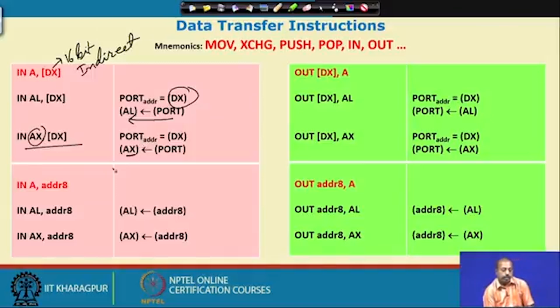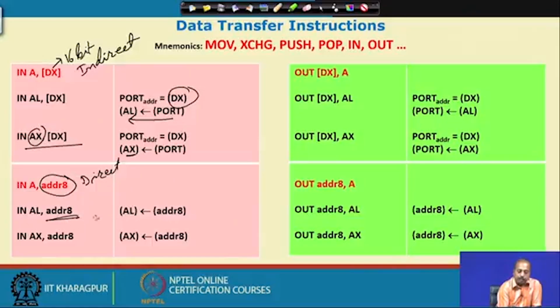Okay. And for an 8 bit port address, we can specify it directly. So address 8 is an 8 bit immediate value, and we can directly specify some 8 bit port address there. So this is the direct port access, and that is the indirect port access. In AL comma address 8, the value from that port will come to the AL register.